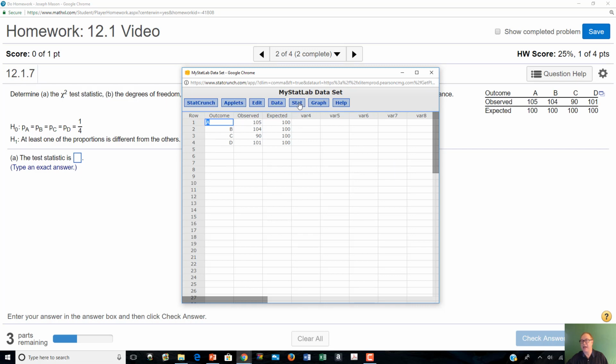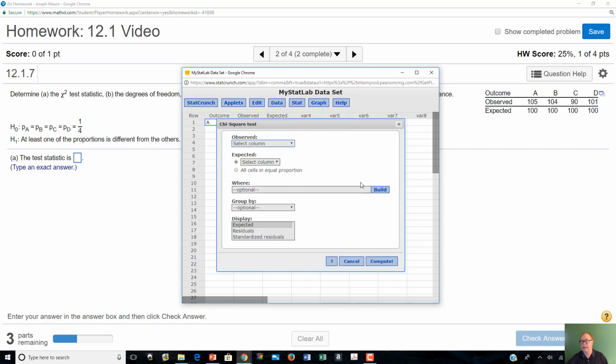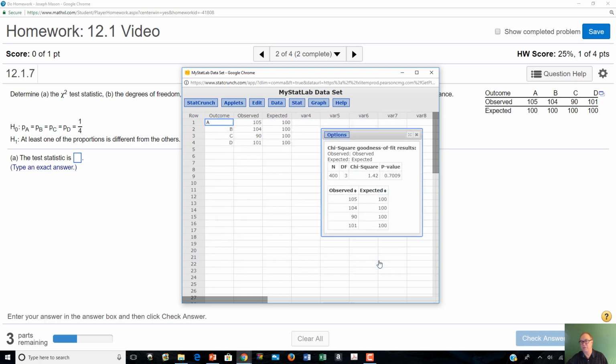We're going to go under the Stat button. This time, we're doing a goodness of fit chi-square test. Okay, there's only two things you need to do here. You need to know where the observed values are. So if you drop this down, you have observed or expected. So we want to pick observed. Okay, the expected would be in the expected column. And then we can just hit compute.